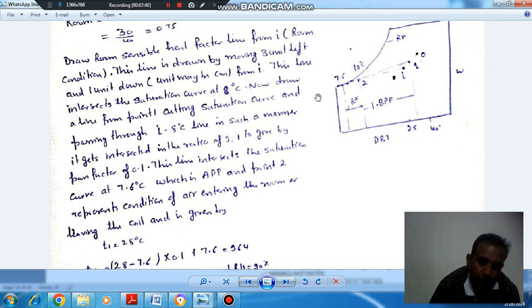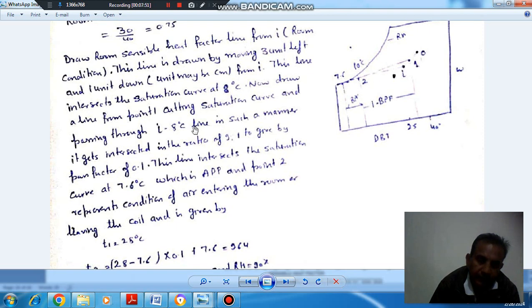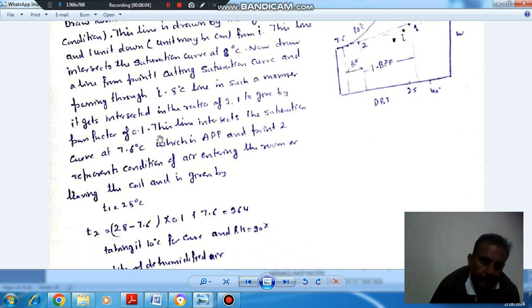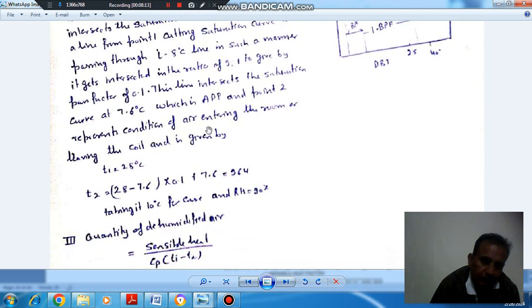Now draw a line from point 1 to the saturation curve, passing through this line, in such a manner that it is divided in the ratio of 9:1 to give bypass factor 0.1. This line intersects the saturation curve at 7.6 degrees, which is the ADP, and point 2 represents the condition of air leaving the coil.